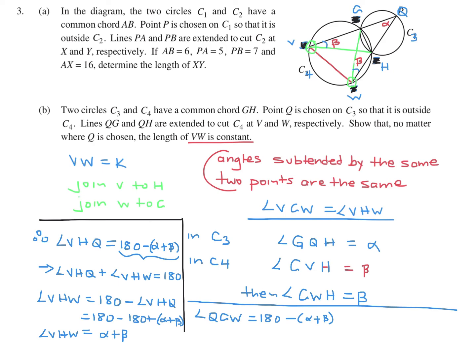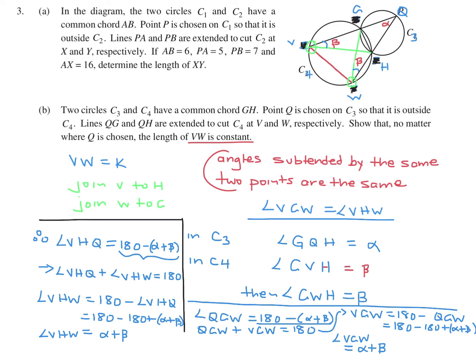So QGW plus angle VGW are equal to 180. Now that basically means that angle VGW is 180 minus angle QGW. Well, angle QGW, we have a formula right there, so substitute that in. 180 minus 180 plus alpha plus beta, and therefore angle VGW is equal to alpha plus beta.